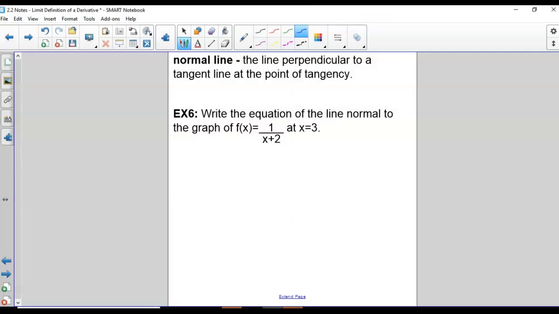Perpendicular slopes are opposite reciprocals. Or you just flip and change the sign.